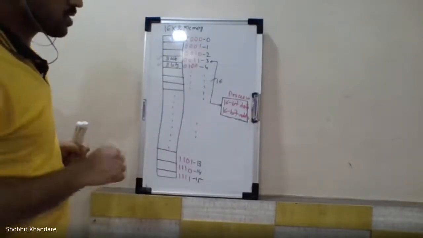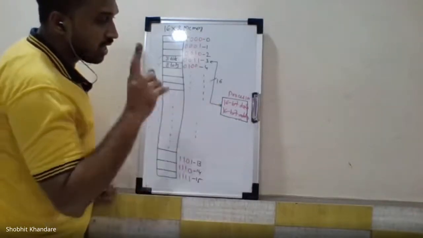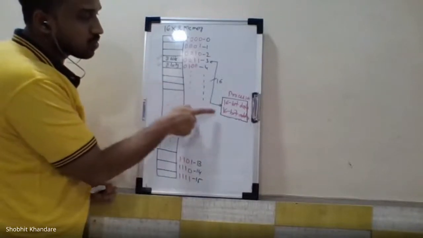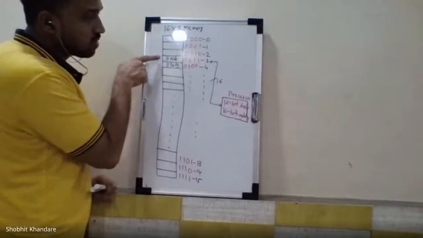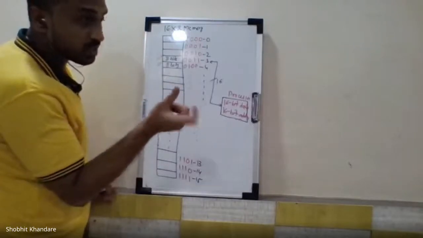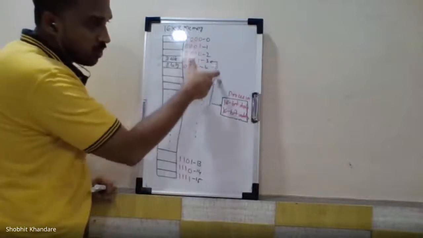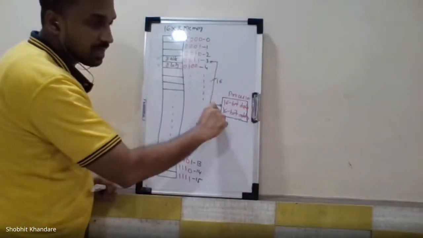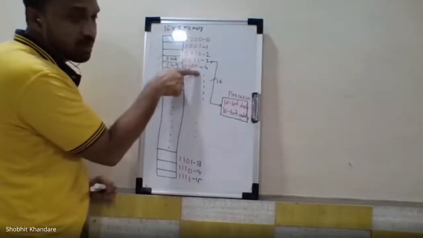Now see what is going to happen. Your processor is 16-bit, and you want to access 16 bits of data. First the address bus will point to 0011, that means your first lower 8 bits. Once you fetch the lower 8 bits, it will fetch the next memory address.